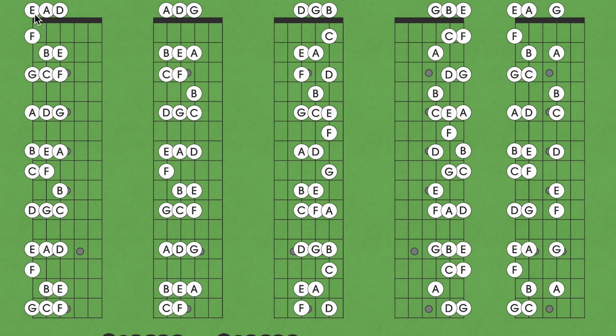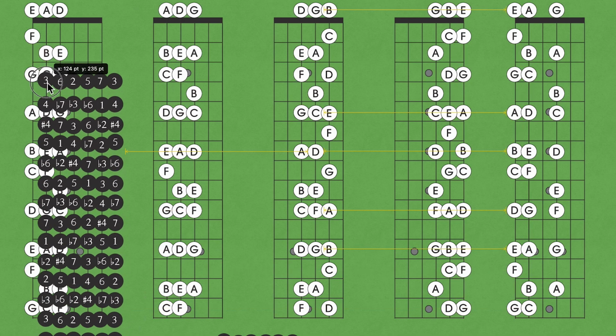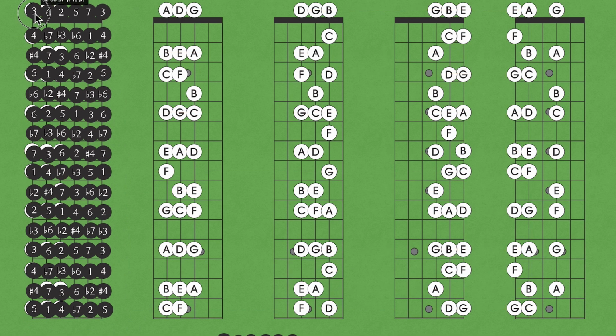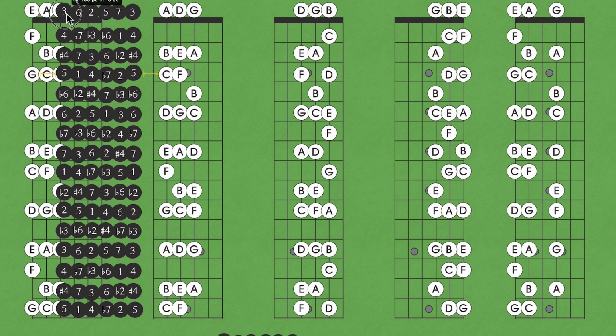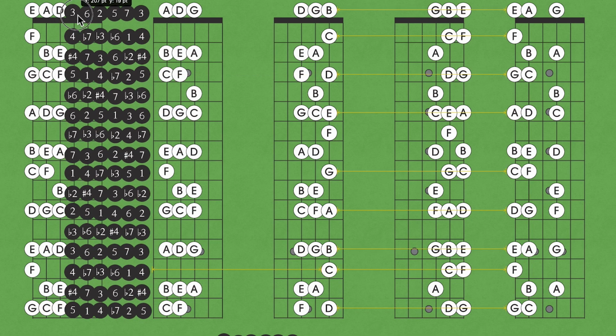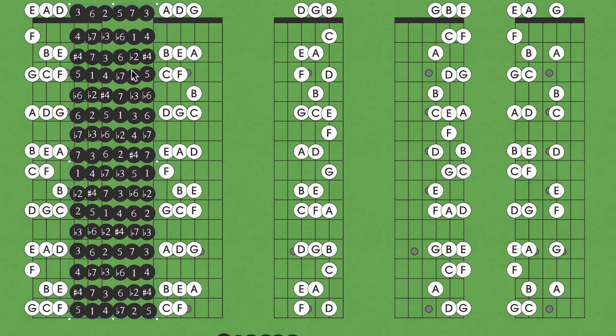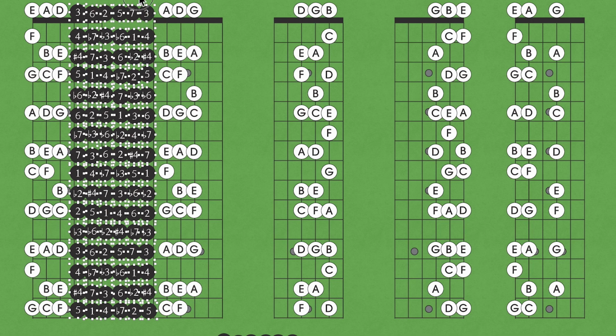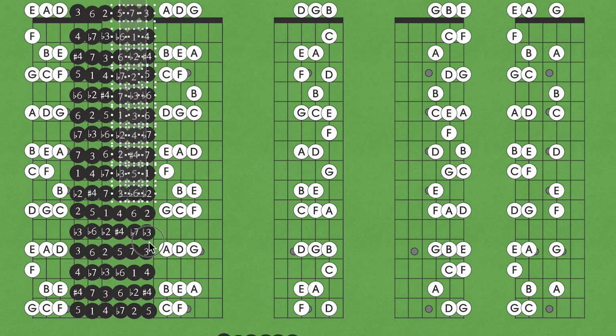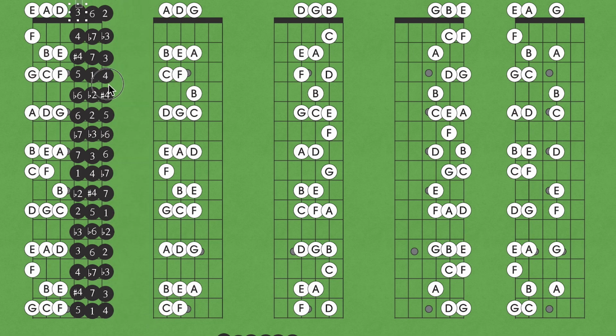When we use the E, A, and D strings, we see that we have a row of notes. Let me get rid of some of these first here. I made some scale degrees here.